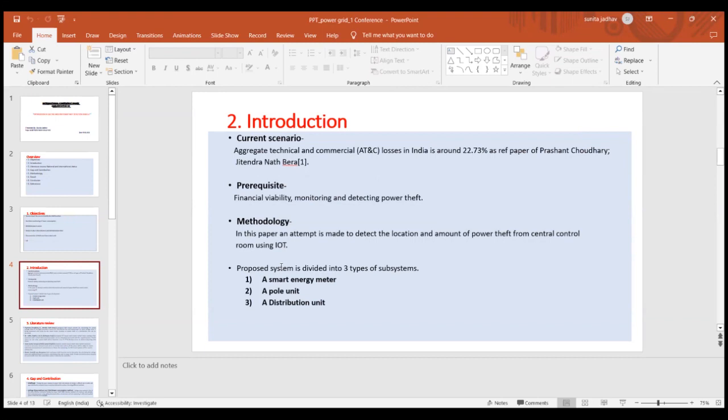The smart meter is installed at the consumer end. The pole unit is at the pole from where the consumer is supplied, and the distribution unit is the distribution transformer unit, where all these electrical parameters or power consumption are measured.